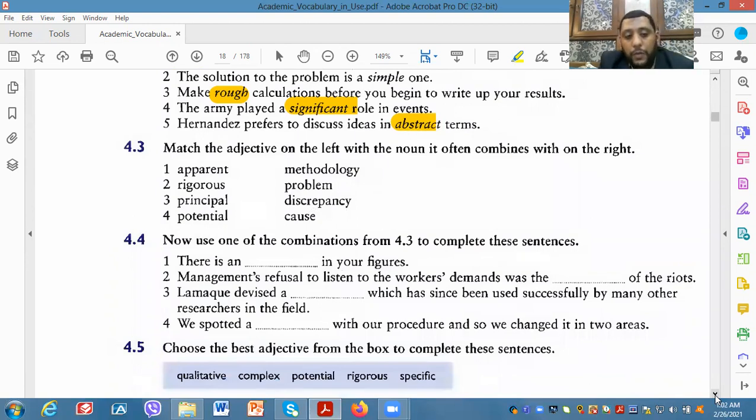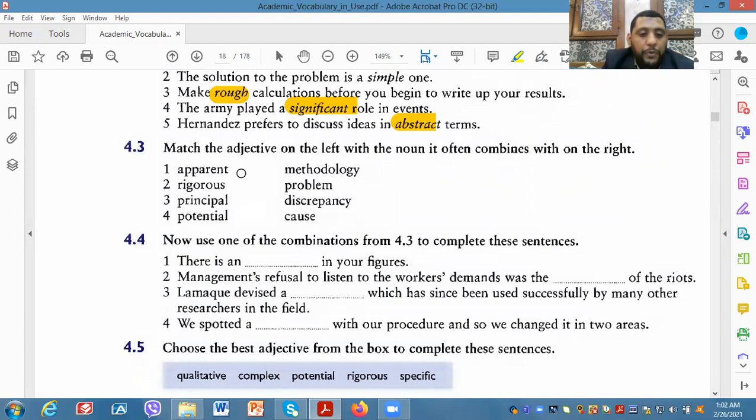So what do you think about number one? How can we match number one, apparent, with which one of these four options is the right one? Is it apparent methodology, apparent problem, apparent discrepancy, or apparent cause?